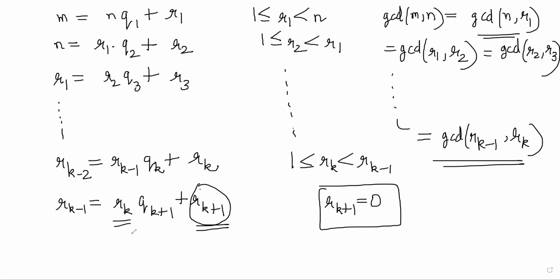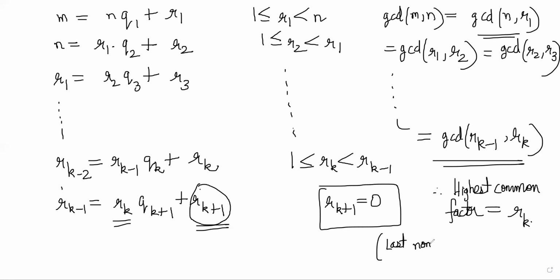Like completely divisible by Rk. This remainder turned out to be 0, right? Therefore, the highest common factor or GCD should be equal to Rk, because Rk minus 1 is divisible by Rk. So basically, the last non-zero remainder in this chain is GCD of m comma n.